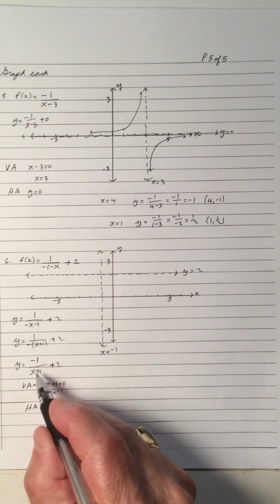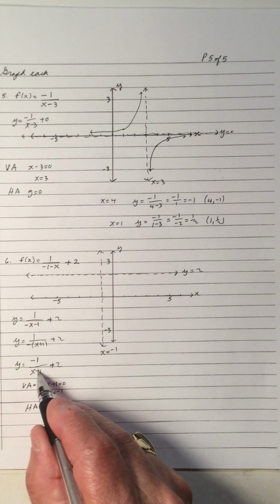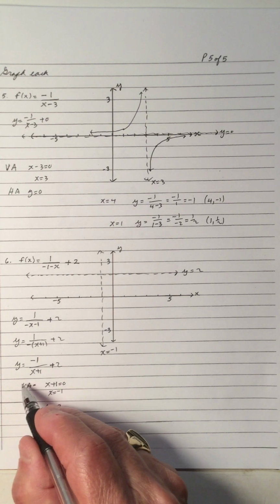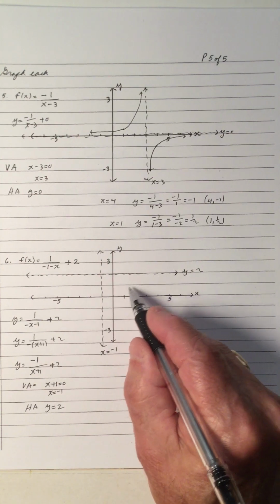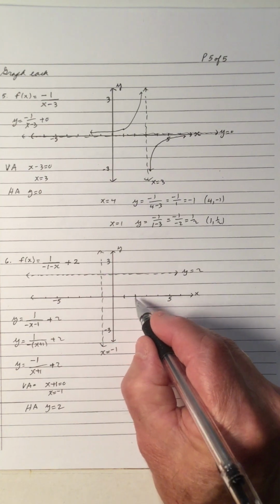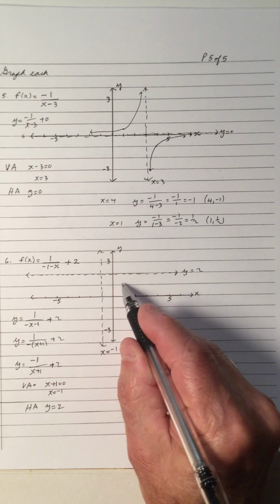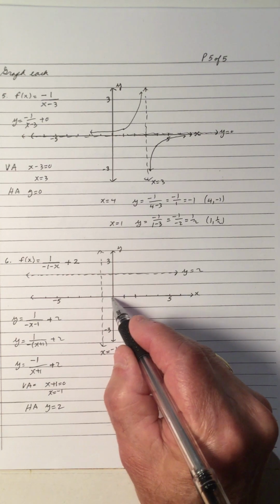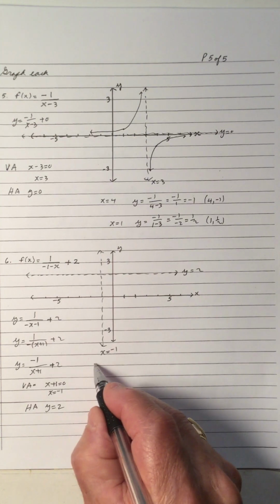So let's look at this equation. If x is positive, that means that y is going to be negative. So that means the graph is in this quadrant and this quadrant. But let's check and see. Let's put x equals 0 in this equation.